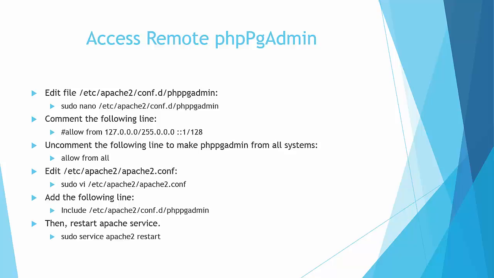You also need to edit the Apache 2 configuration by sudo vi /etc/apache2/apache2.conf and add the following line: include /etc/phpmyadmin/apache.conf. Then you need to restart the system by sudo service apache2 restart.